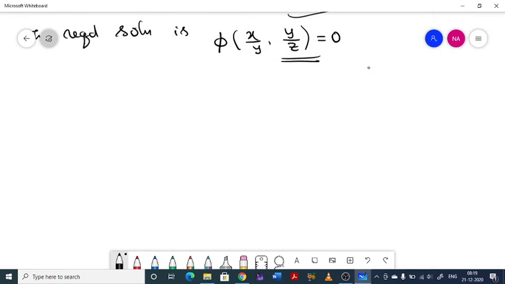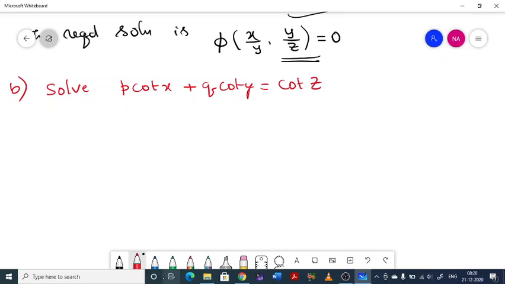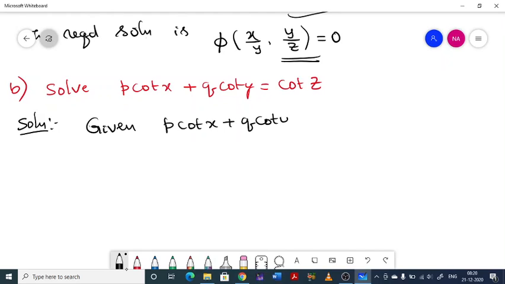Let us take one more problem B. Solve P cot x plus Q cot y equal to cot z. Solution. So you are given P cot x plus Q cot y equal to cot z.